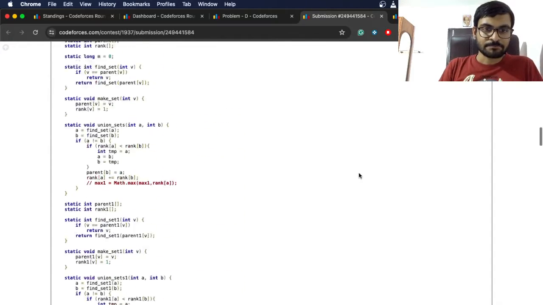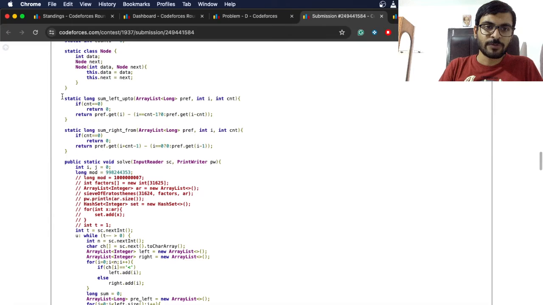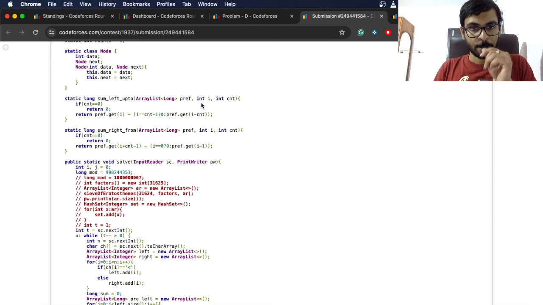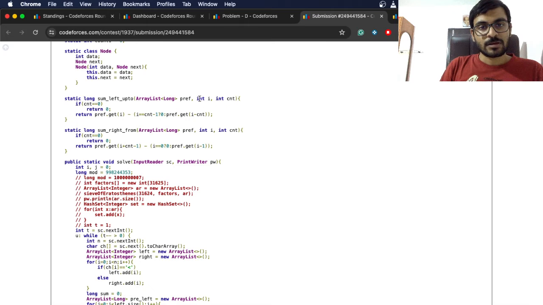Over here, I created two functions. The first is sum left up to. That means I'm going to the left up to index I, where index I is the rightmost index I'll take in that range.